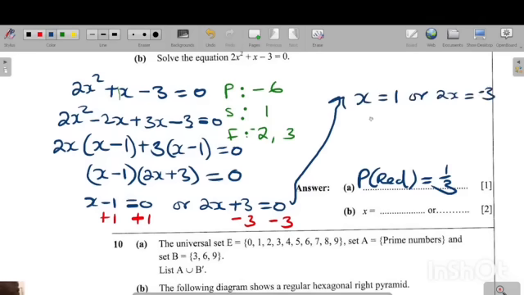So you have x is equal to 1, then divide through by 2, or x is equal to negative 3 over 2, which is negative 1 and a half. So x is equal to 1, or x is negative 1 and a half.